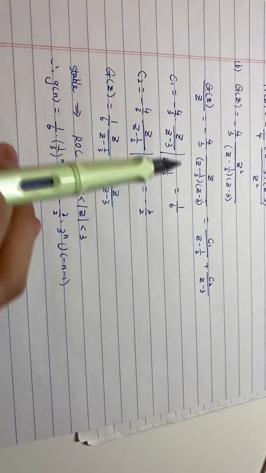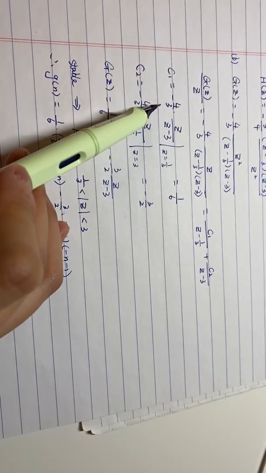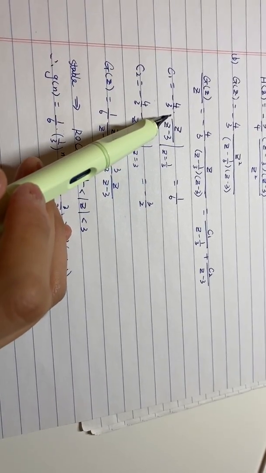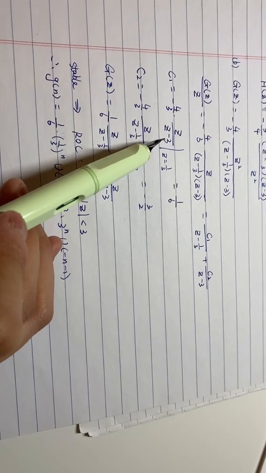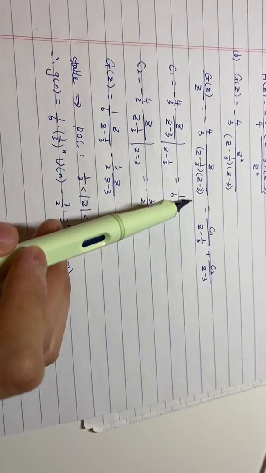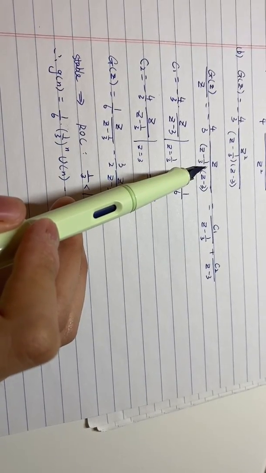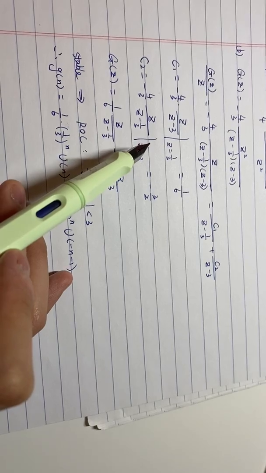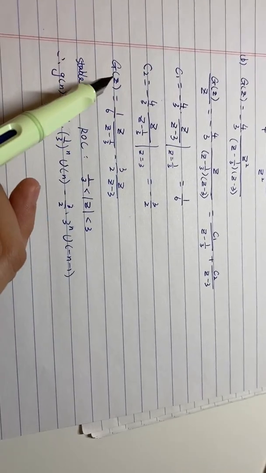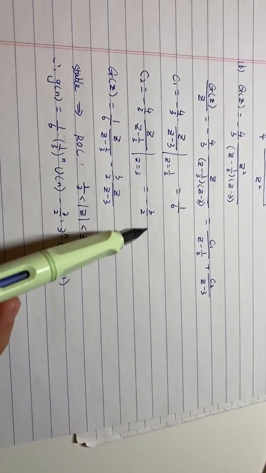For C1, we just remember to move this minus 4/3 down to here and multiply by z over (z minus 3), and make z equals 1/3. So C1 is 1/6. For the same thing, we get that C2 equals minus 3/2.